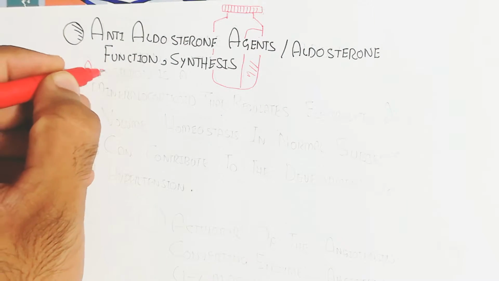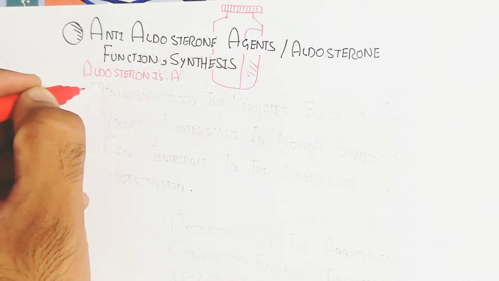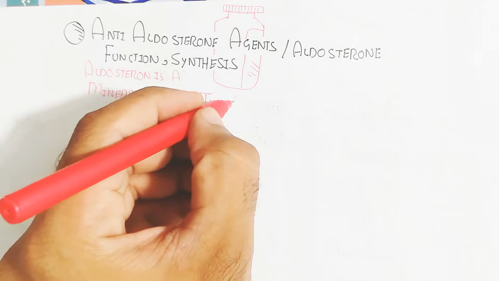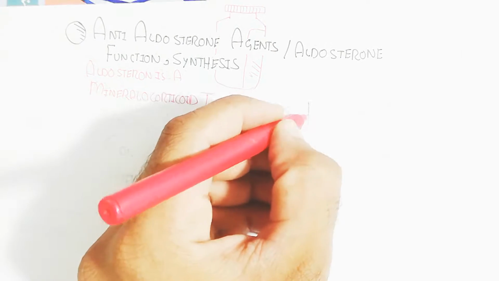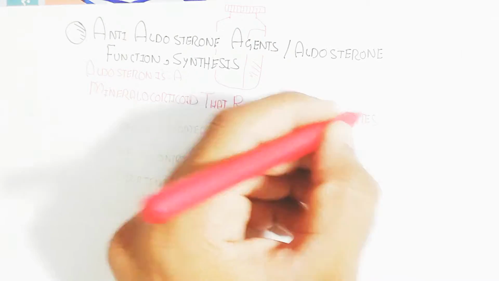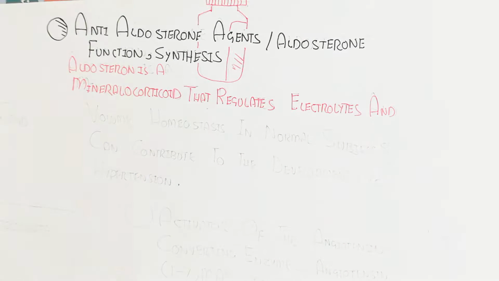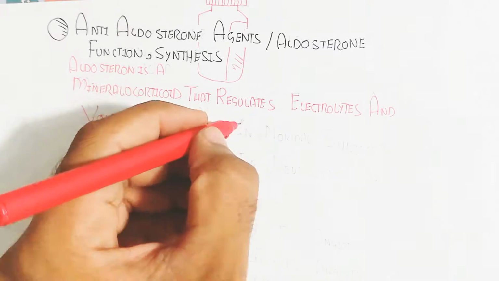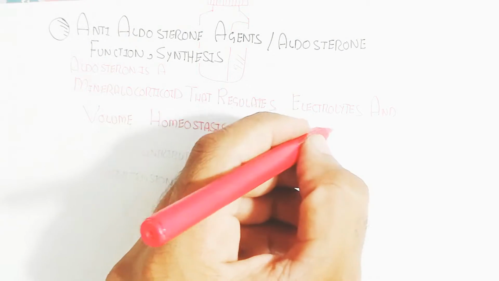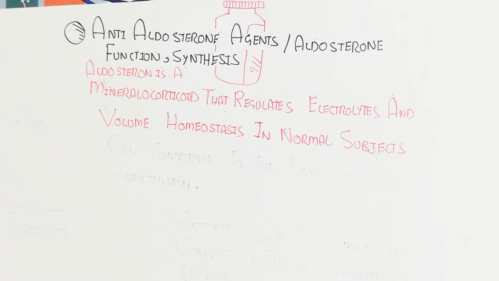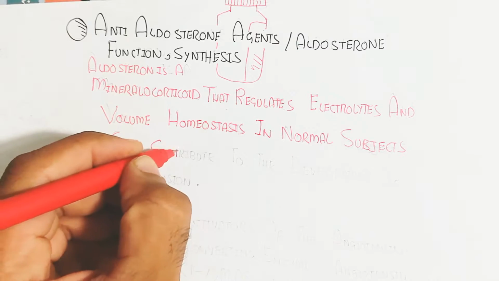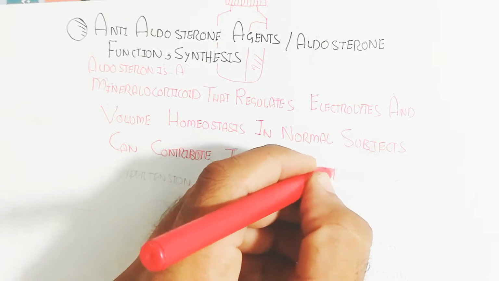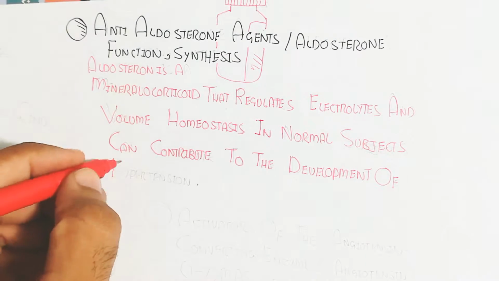So aldosterone is a mineralocorticoid that regulates electrolyte and volume homeostasis. In normal subjects, volume homeostasis can contribute to the development of hypertension.